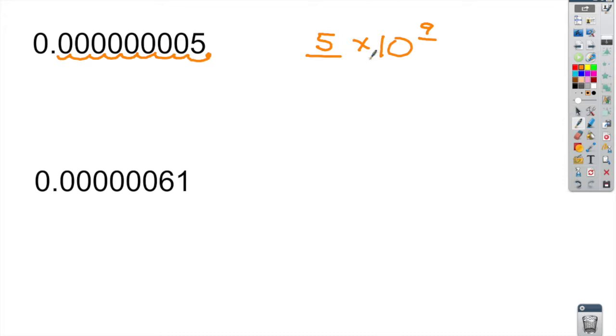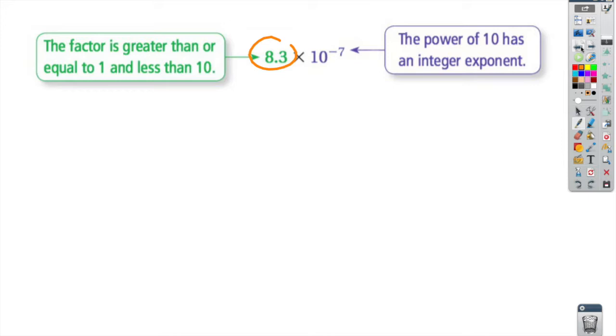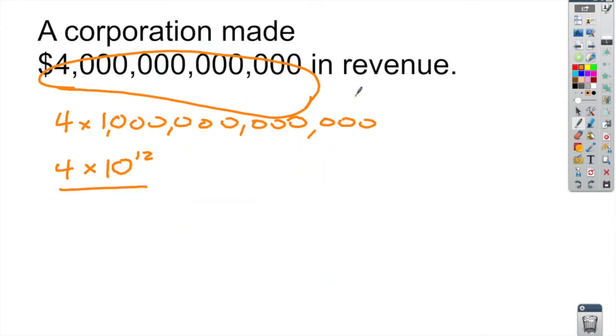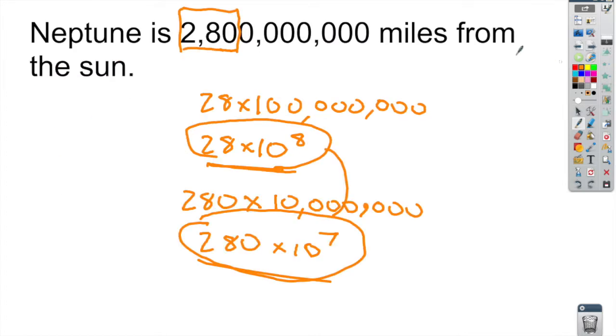Now, one thing which you may have noted. Notice how on these problems, this one and this one, I was dealing with a really large number and I ended up with a fairly large number for an exponent, 10 to the 12th. Same thing here. Here I had a really large number and I ended up with a large exponent.